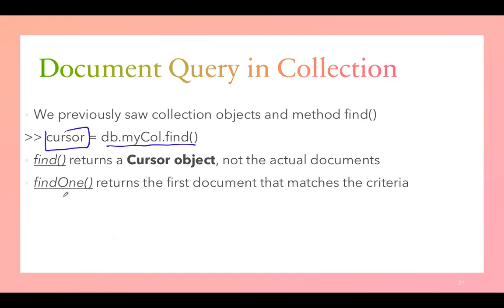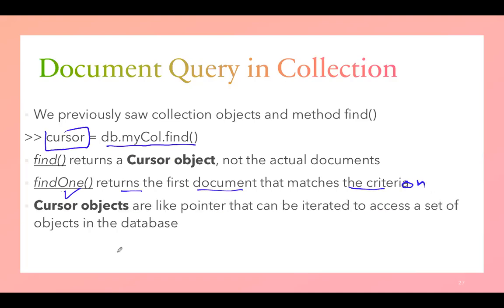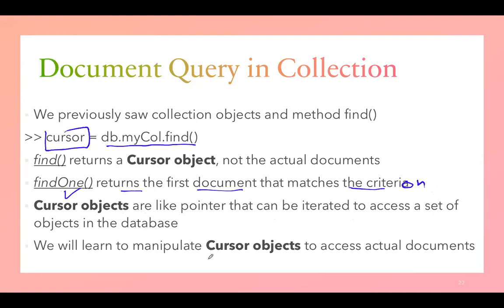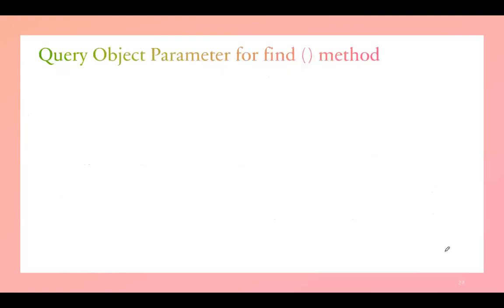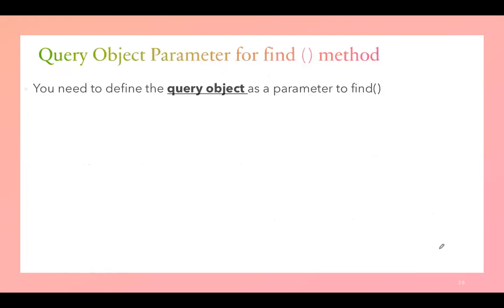What you will find is you can also use findOne, which returns the first document that matches the criterion. Okay, and you can have cursor objects like pointers that can be iterated to access a set of documents in the database, right? We'll look into this cursor object, so we will learn to manipulate cursor objects to access actual documents, okay? Let's look into this.